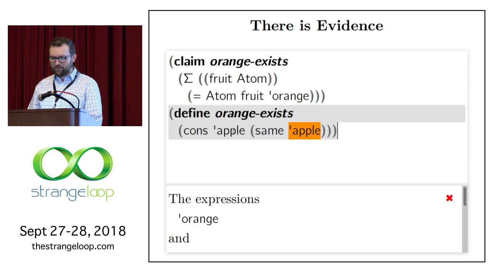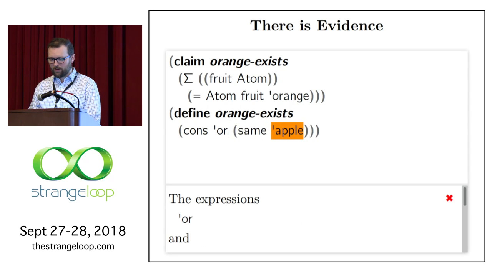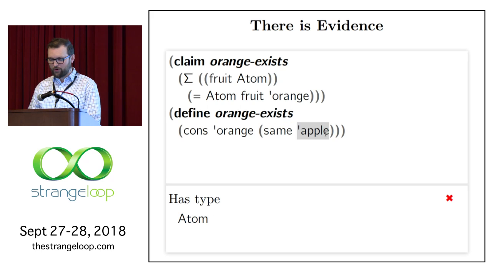What happened was, the first thing in the pair, the car, that's apple, but the second thing here was supposed to have the type that whatever fruit, in other words apple, is equal to orange, but apples aren't oranges. So instead, we should say cons orange and same orange.